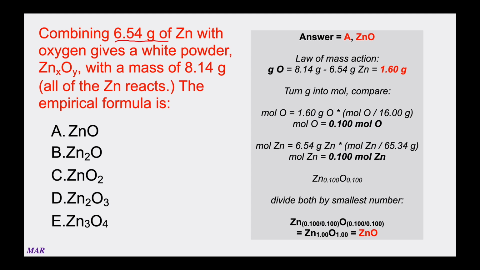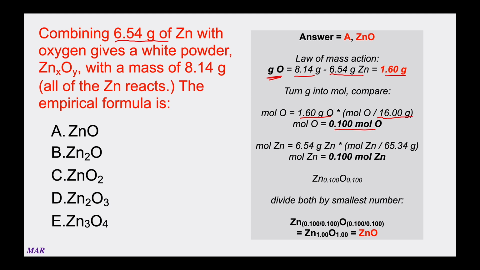In this problem, when you do this, you should get answer A. But let's look at how we get this. So first you've got to find the grams of O. 8.14, which is the zinc and the oxygen, minus the zinc, that number gives you the grams of O, 1.60. And from the grams of O, you can find moles of O. Here's the molar mass.